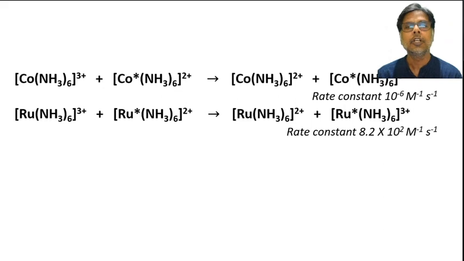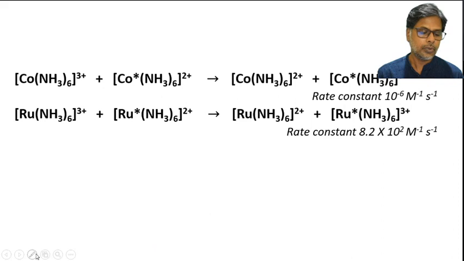Now here we have two self-exchange reactions, and what is important is the rate constants of these two reactions are entirely different, though the ligand is the same and only one electron transfer is taking place in both cases.